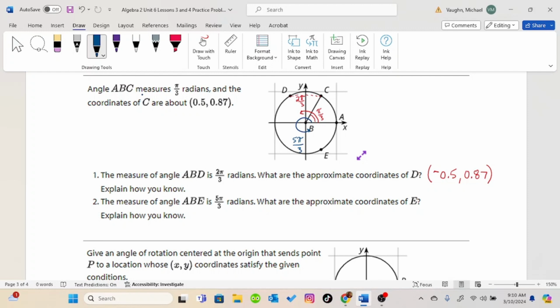So when we're going from C to E, the x value is the same, but now the y value has been made negative. So if we want the coordinate for that, we go back to the positive x value, but now we make the y value negative.